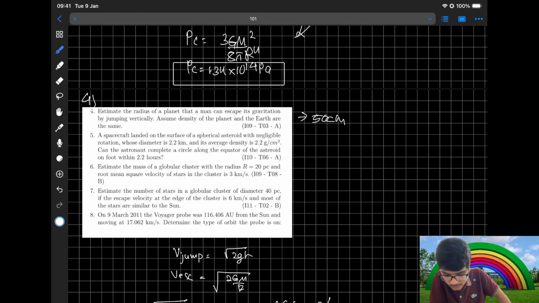Can the astronaut complete a circle along the equator of the asteroid on foot within 2.2 hours? Right. So we're talking about orbiting of the astronaut. We need to just find the velocity right here.